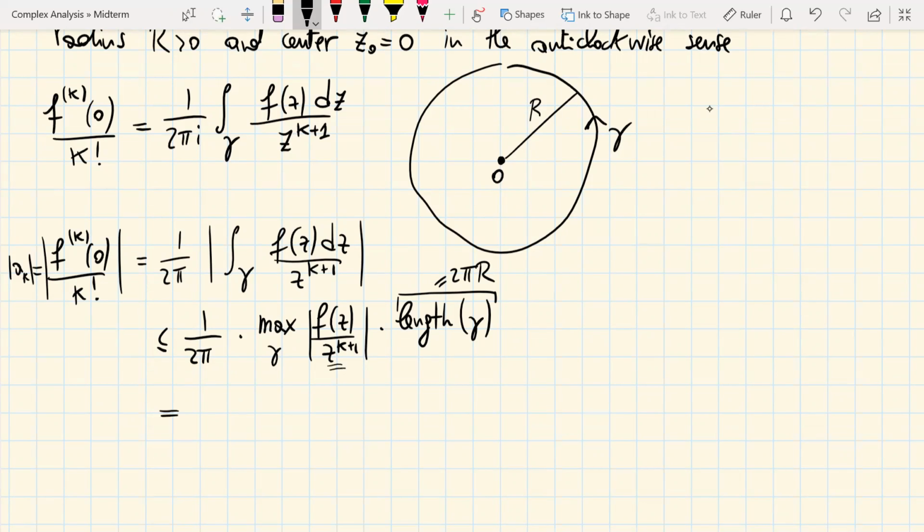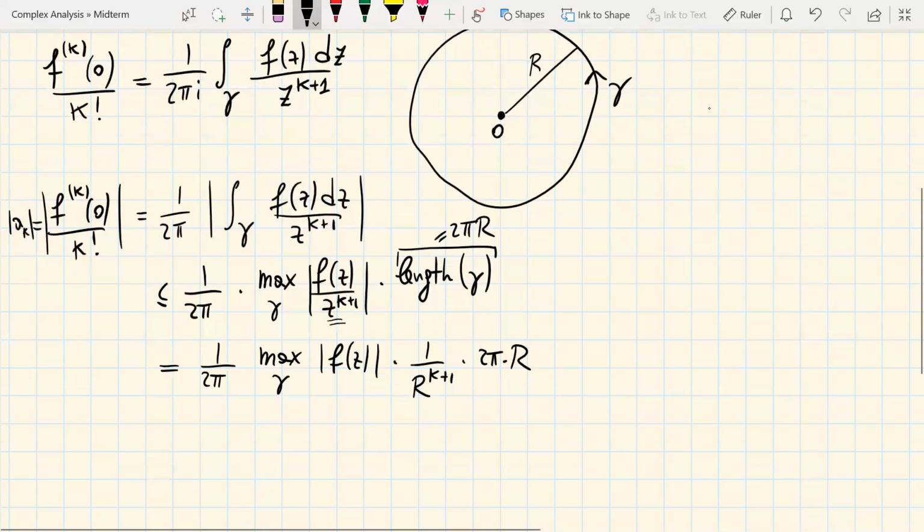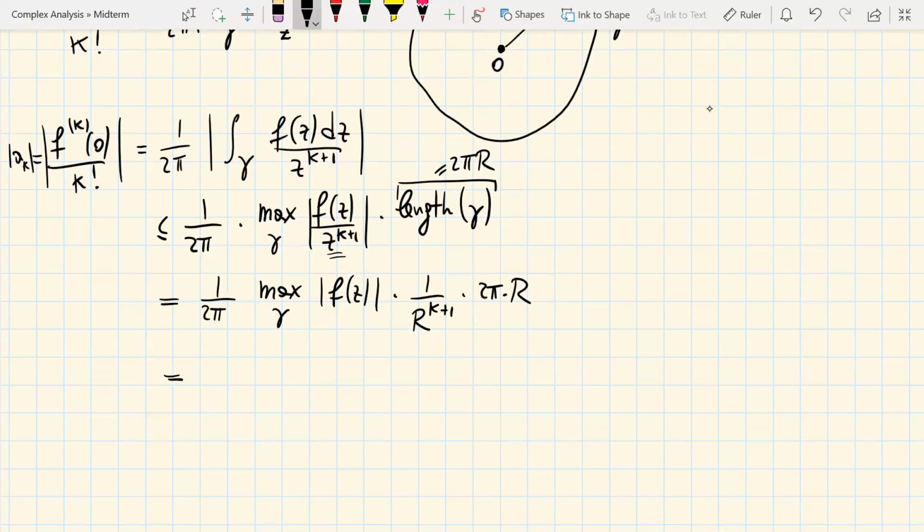So we can write this as the maximum of the norm of f(z) times 1 over r to the k plus 1 times 2 pi times r. So if we simplify, we get 1 over r to the k times the maximum of f of z.